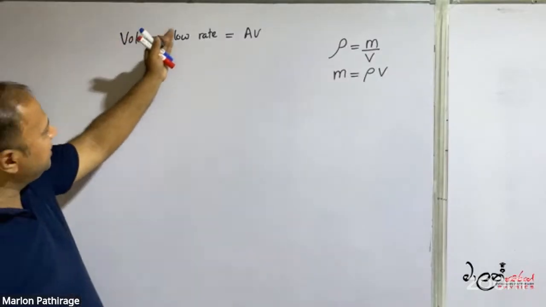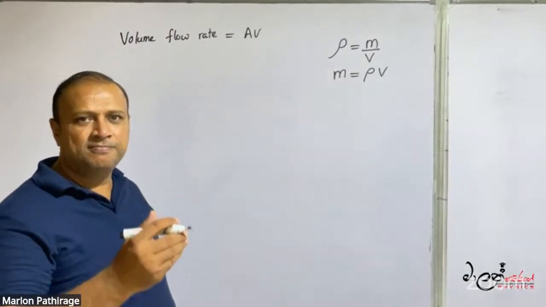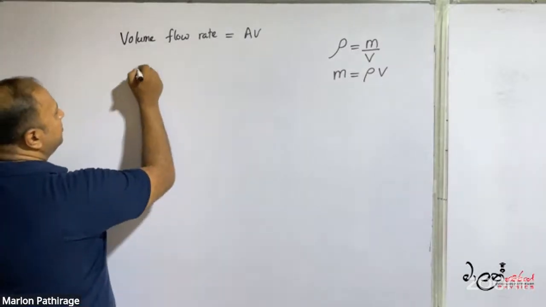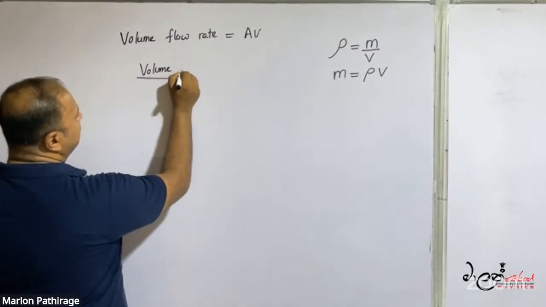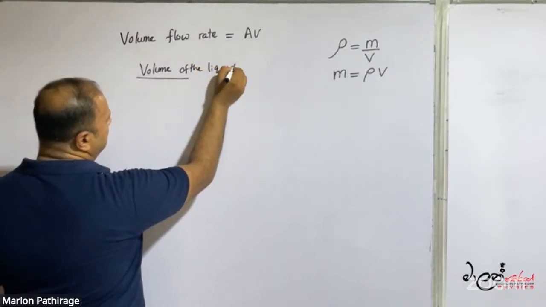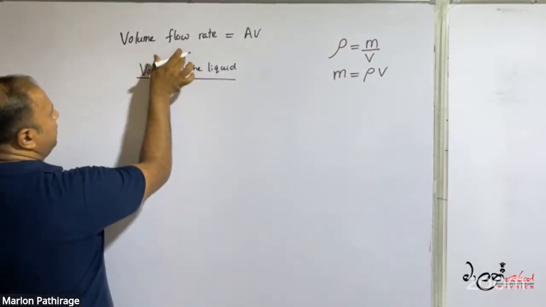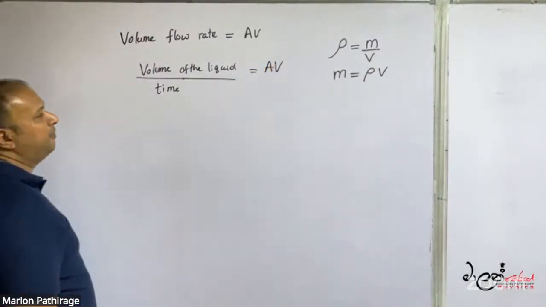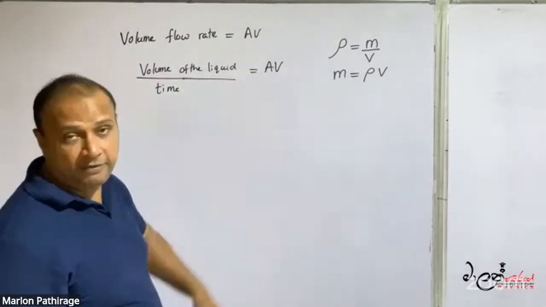Volume flow rate is volume of the liquid within 1 second. That means volume divided by time is equal to volume flow rate.